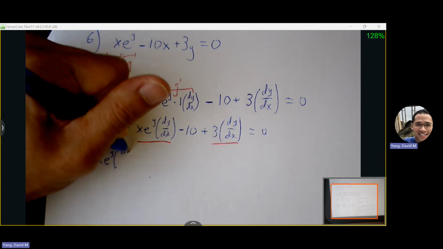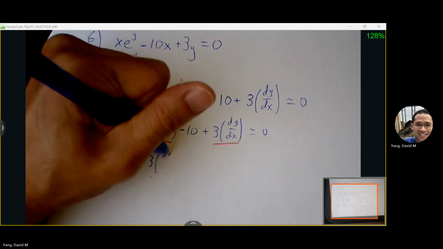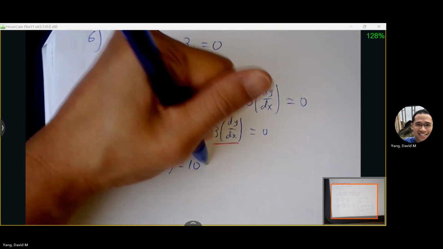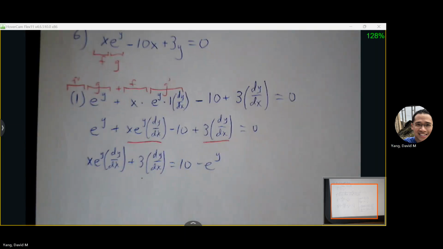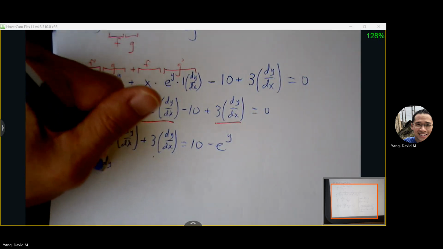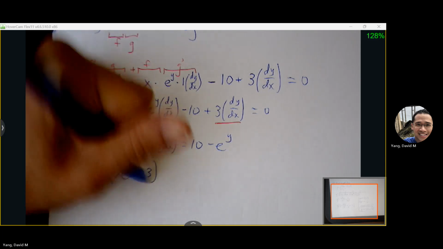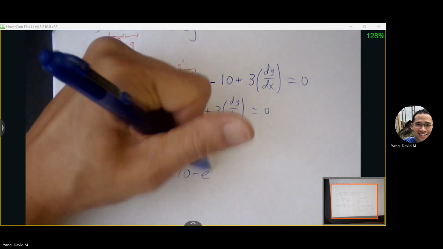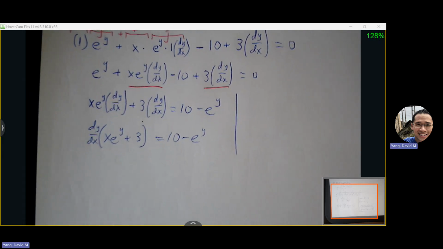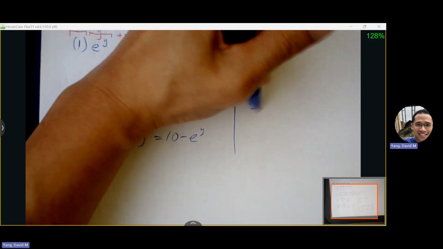I'll leave these on the left side, and everything else I'll move to the other side. Divide the parentheses over, and then once I get dy dx by itself, I have my answer. I have my slope formula, I have my derivative.